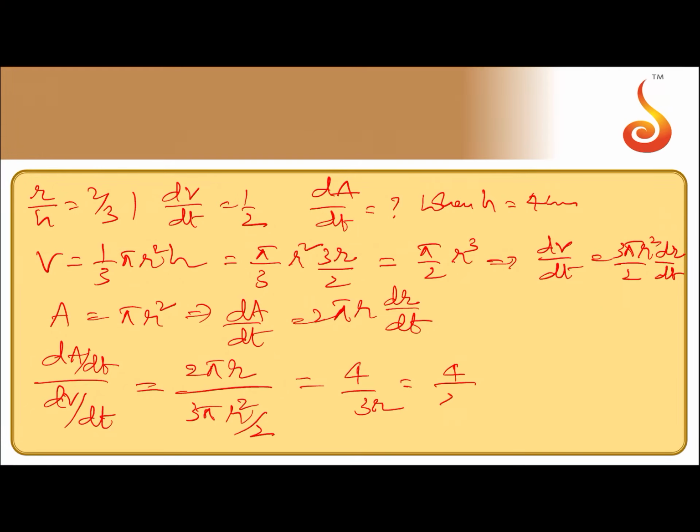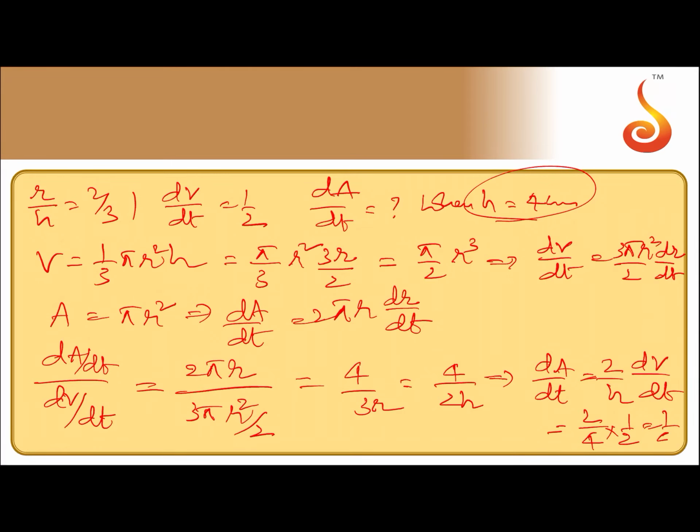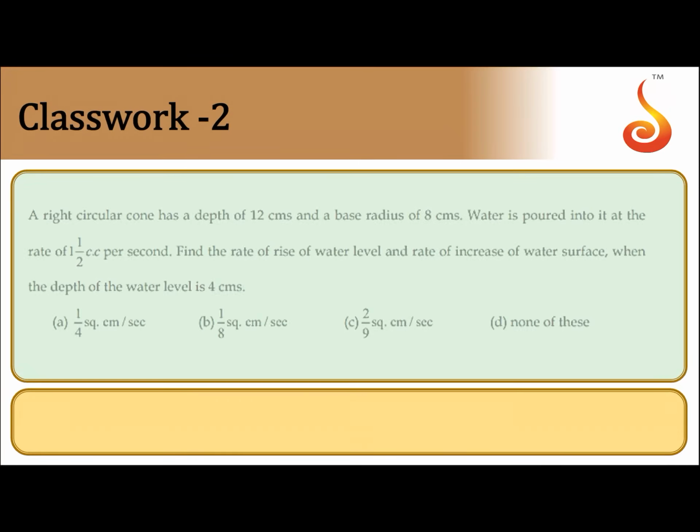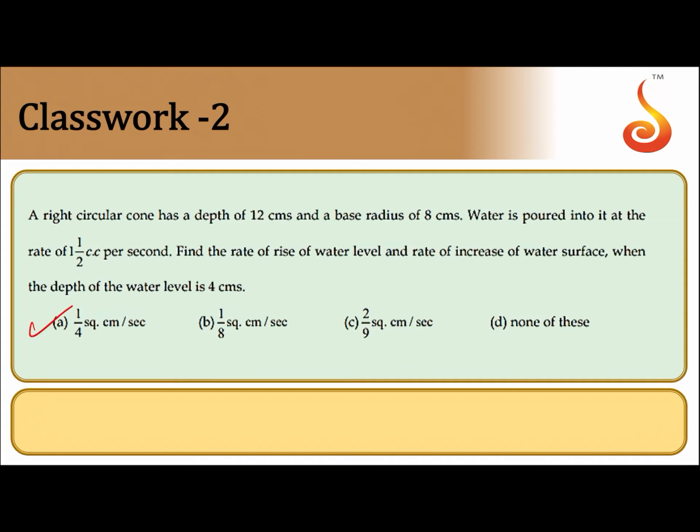But 3r is equal to 2h, so from here dA by dt is equal to 2 by h times dV by dt. When h is equal to 4, when I substitute 2 by 4 multiplied by 1 by 2, the answer is 1 by 4. Hope it's clear. So the answer is 1 by 4.